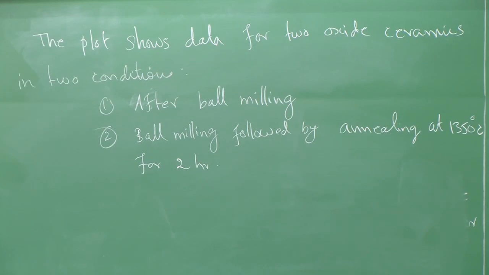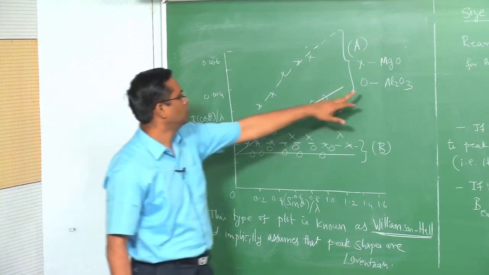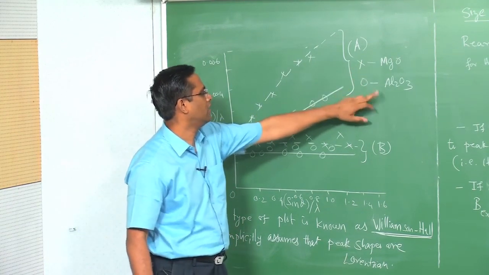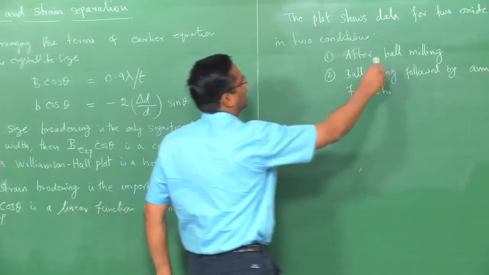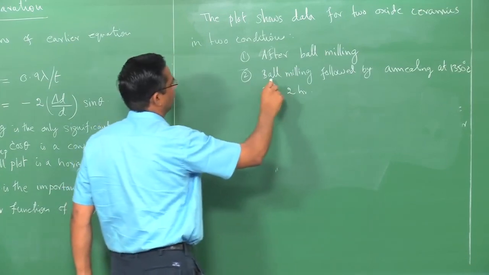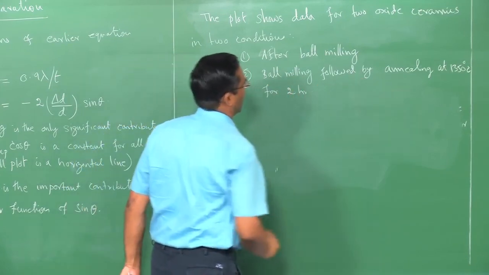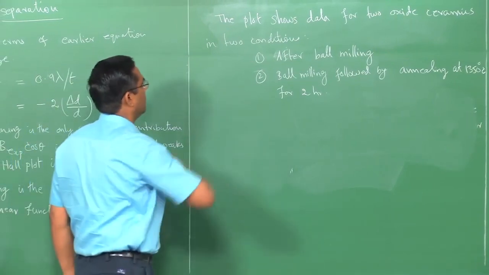This plot, as I mentioned, belongs to two materials, magnesia and alumina, after two conditions: after ball milling, and ball milling followed by an annealing at 1350 degrees centigrade for 2 hours.